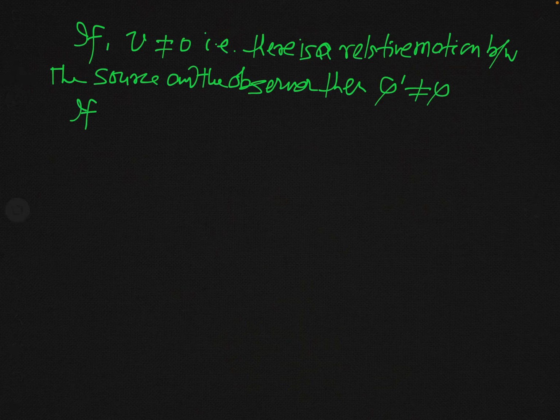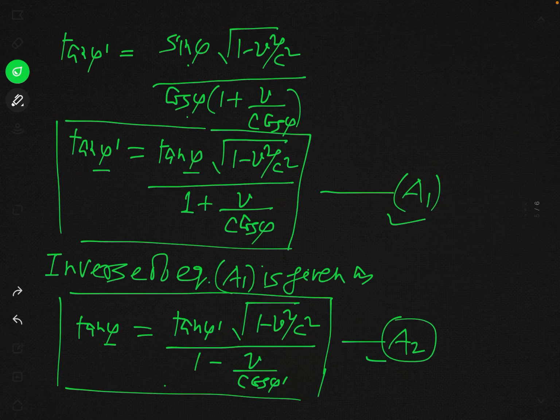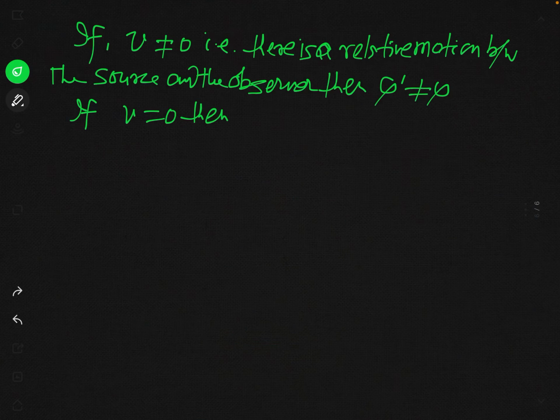And if we take that v is equal to 0, you can easily see from those two equations that if we will take actually v equal to 0, then in numerator, in RHS of equation A1, there will be tan phi, and in denominator, since we take v equal to 0, this second term in denominator will be 0, and so our result will be actually tan phi prime equal to tan phi, or from A2 you can say tan phi equal to tan phi prime.